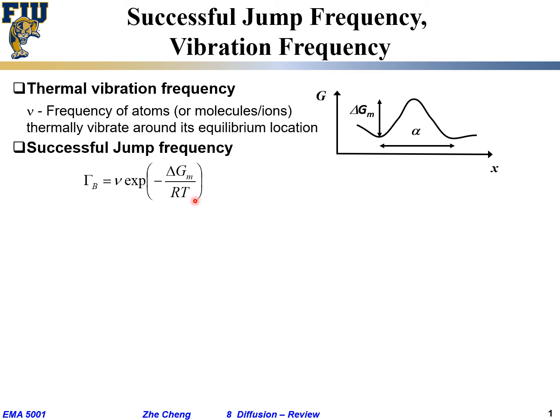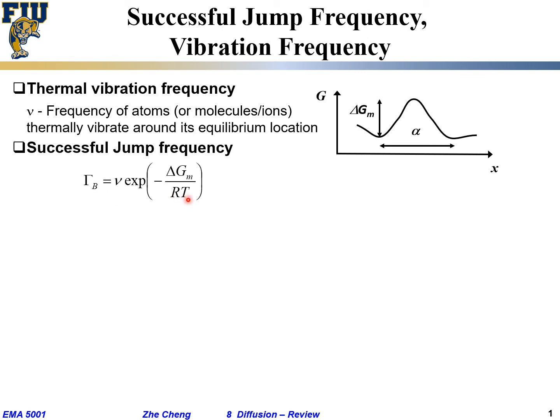The extreme case would be when T goes to positive infinity, the term within the bracket approaches zero, and this entire exponential term approaches, excuse me, not zero, but 1, so it has a high probability to overcome the barrier.